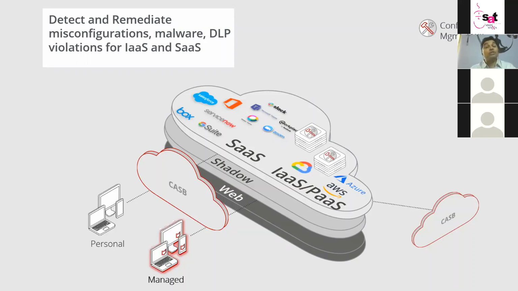Those kinds of controls can also be implemented. We have come up with a separate name for infrastructure as a service security, which is CNAPP, Cloud Native Application Protection Platform. It includes CASB, CSPM, and CWPP, which is Cloud Workload Protection Platform. All of that put together is the infrastructure as a service security.